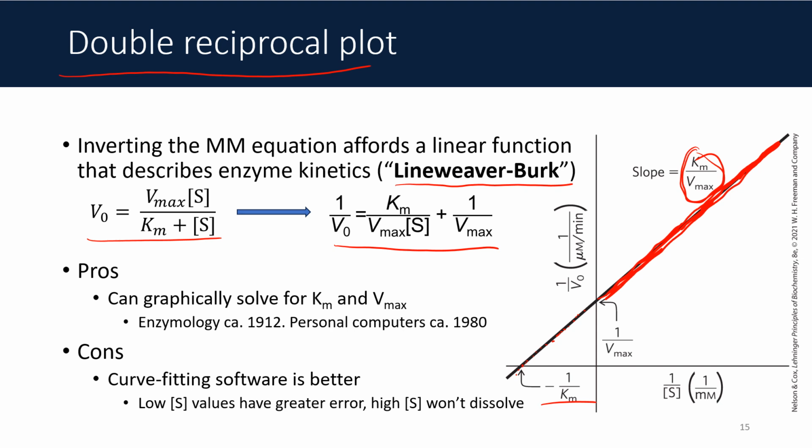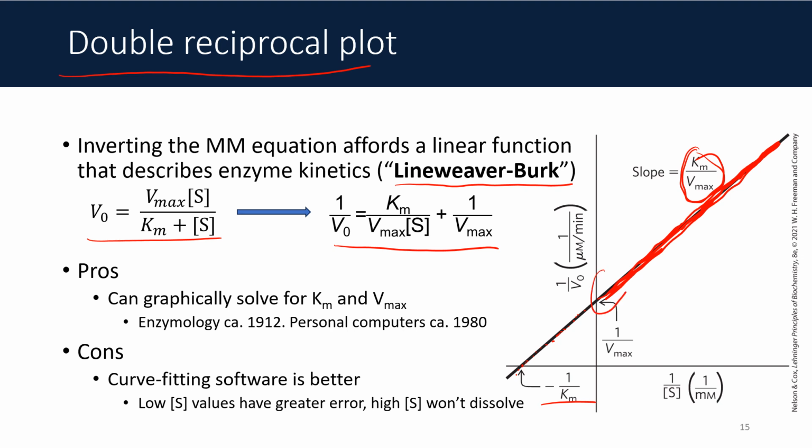There are many issues with the Lineweaver-Burk plot. We'll talk about it a little bit more in lab, but basically it's just really hard to get high values of substrates to make a nice linear Lineweaver-Burk line.